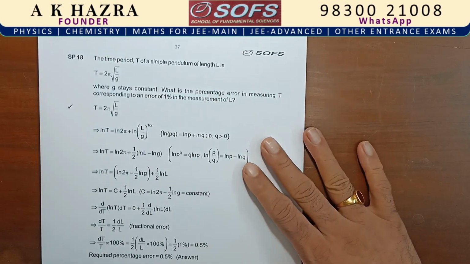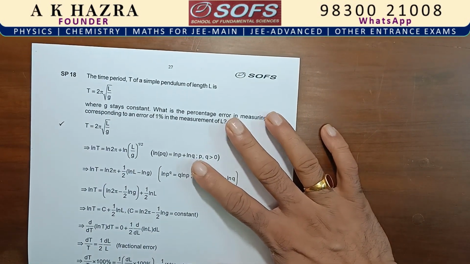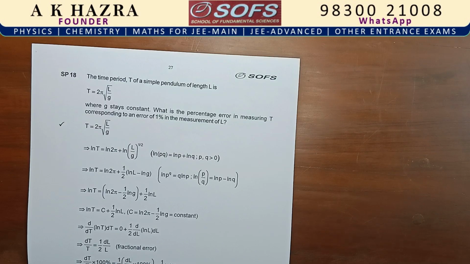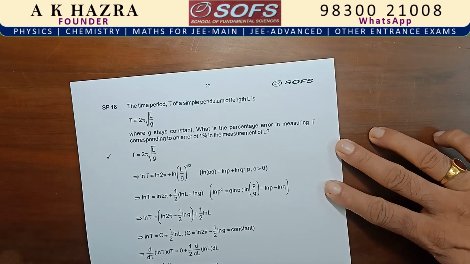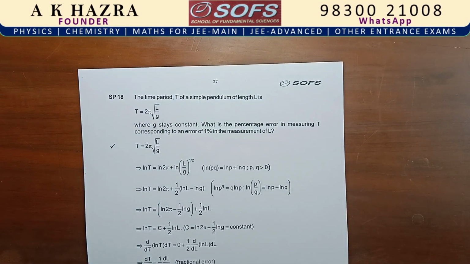Now the next problem, error calculation. You see dx and dt: if dt is a small error in recording time t, then dx will be the corresponding small error in the displacement x.